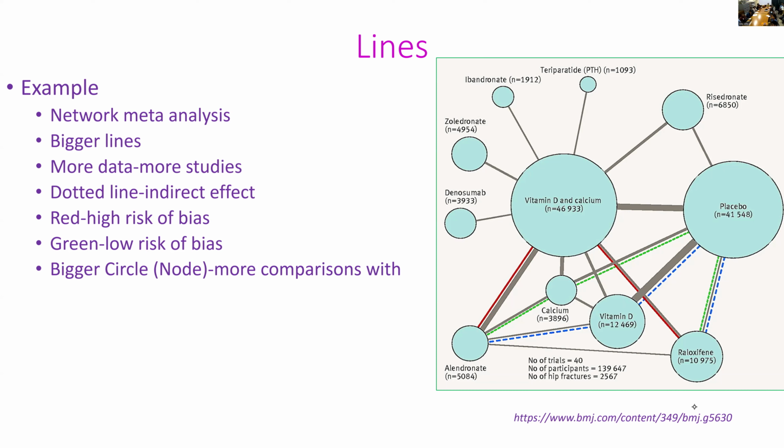Who likes maths? You like maths? Yes. So can I compare with this? Why is there no line between ibandronate and zoledronate? Sometimes we give ibandronate once a month. Sometimes we give yearly zoledronate. There's no line. What does it mean? There was no randomized control study comparing ibandronate with zoledronate.